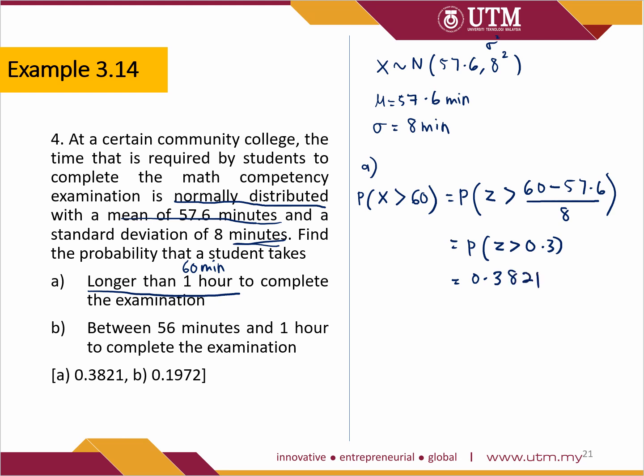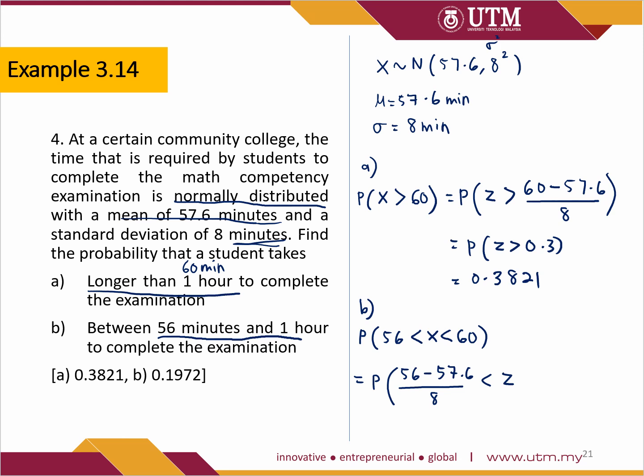Then for B, between 56 minutes and 1 hour, so 56 to 1 hour. You have to transform this to standard normal: 56 minus the mean, divided by the standard deviation.